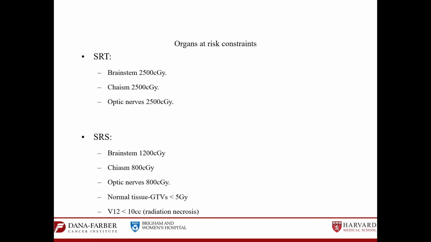So I think you're right. Roughly speaking, you will use 4 to 6 beam arcs for each lesion, with one isocenter or different isocenters, depending on how you can chase those lesions or not.